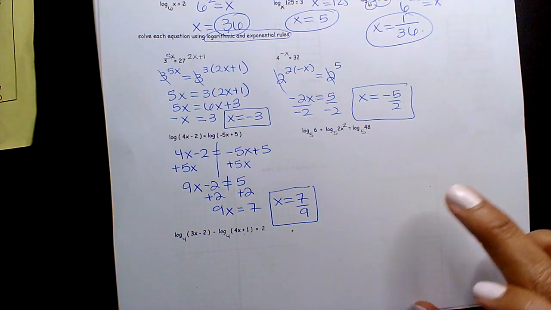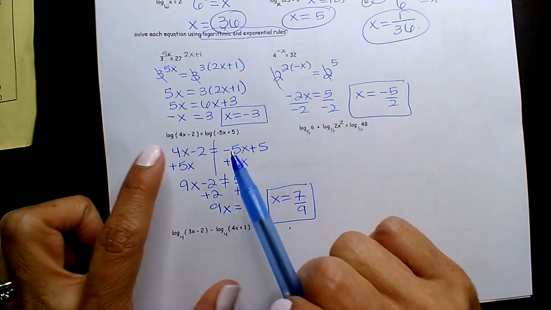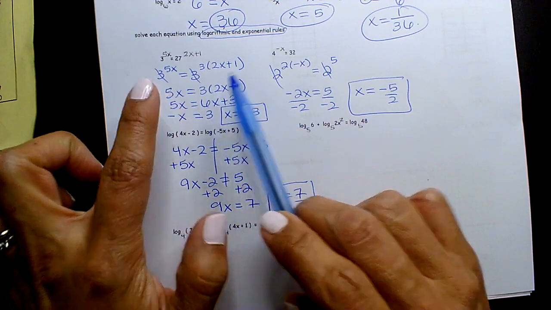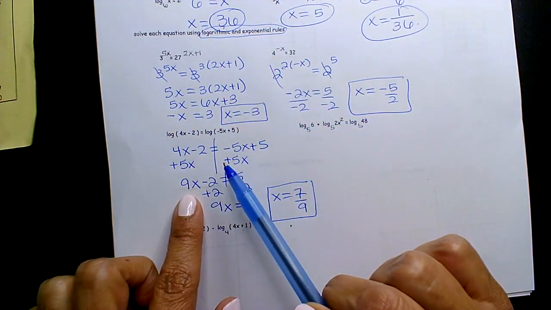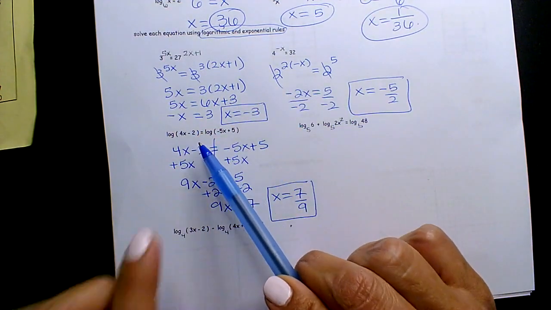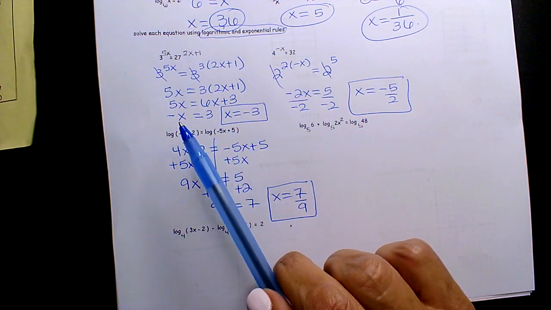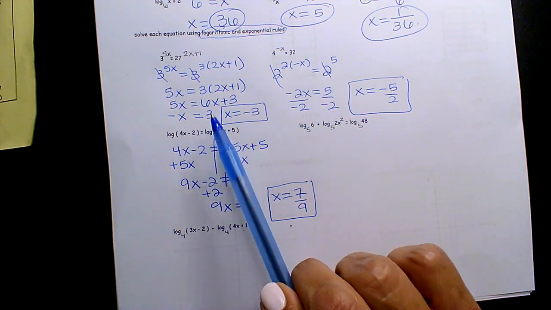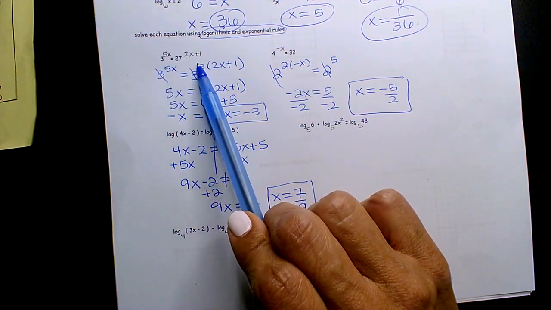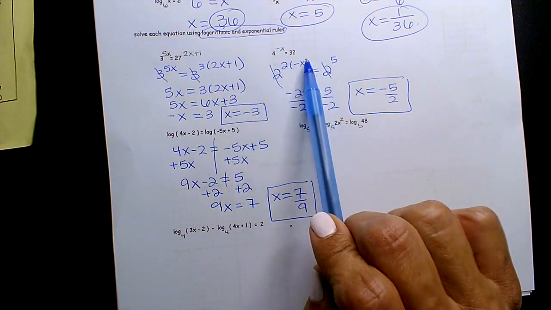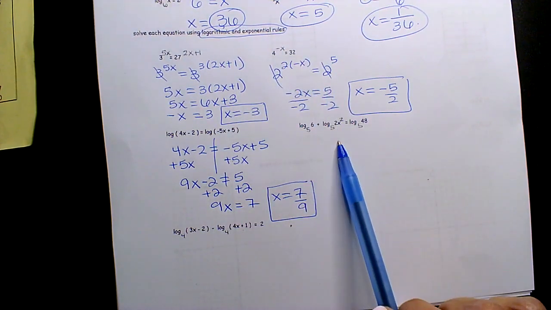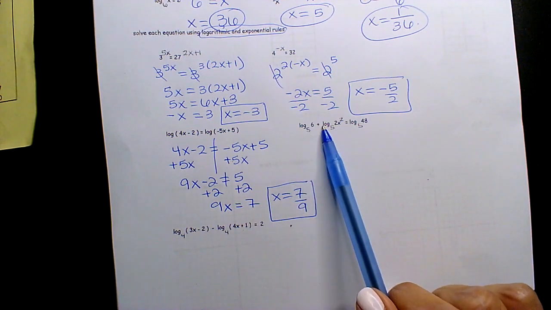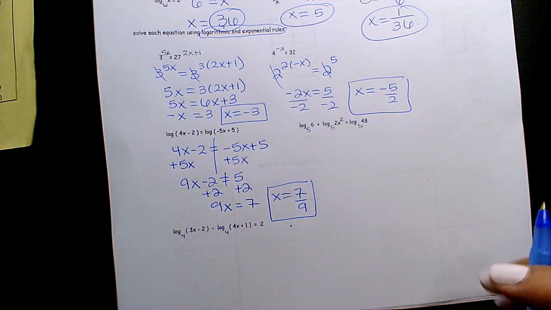Okay, this one here. This question, and this one, was to show you guys you cannot drop your bases unless you have one term on the left, one on the right. Here, you can't do that yet. I have 2 log terms. I need to combine them.